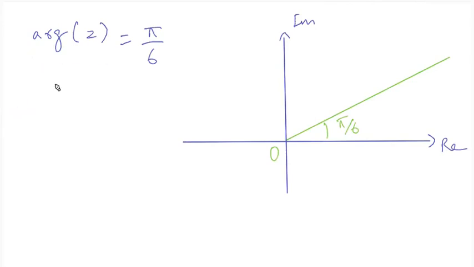You can consider this to be argument of z minus 0 equals pi over 6. इसका क्या मतलब? 0 के ऊपर आप horizontal बनाओ. This is basically the origin. वो आपका horizontal बना लो already. उससे जो angle होएगा that's pi over 6. So that's equal to pi over 6 here. ठीक है? तो वो पहले हमने यहाँ पे एक simple वाली example की थी. This was a specific case of that.